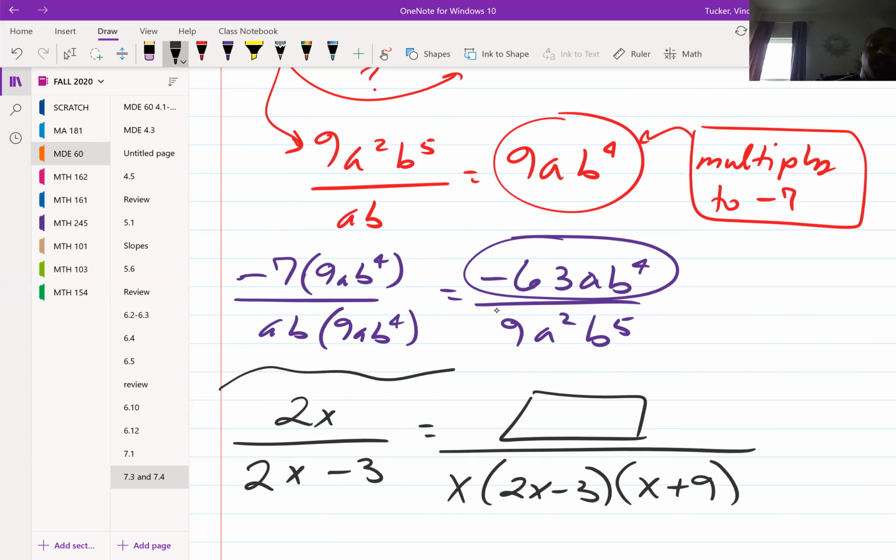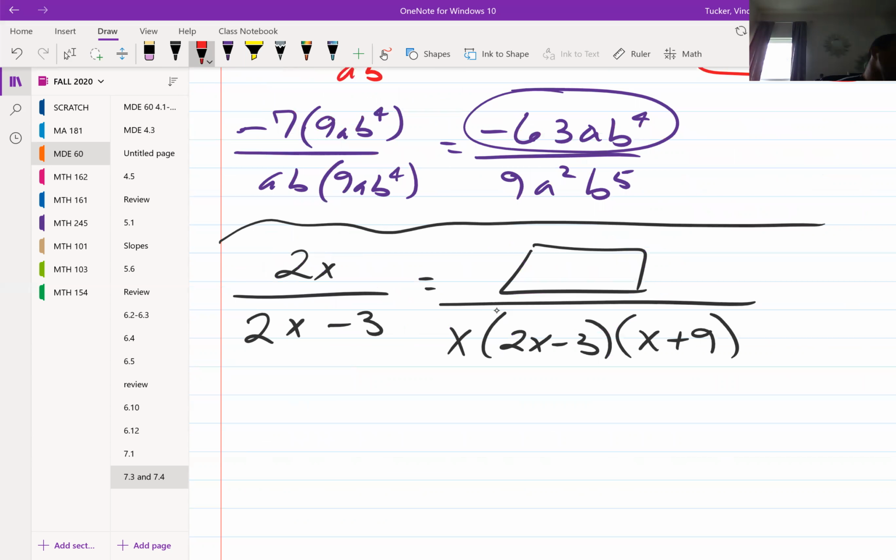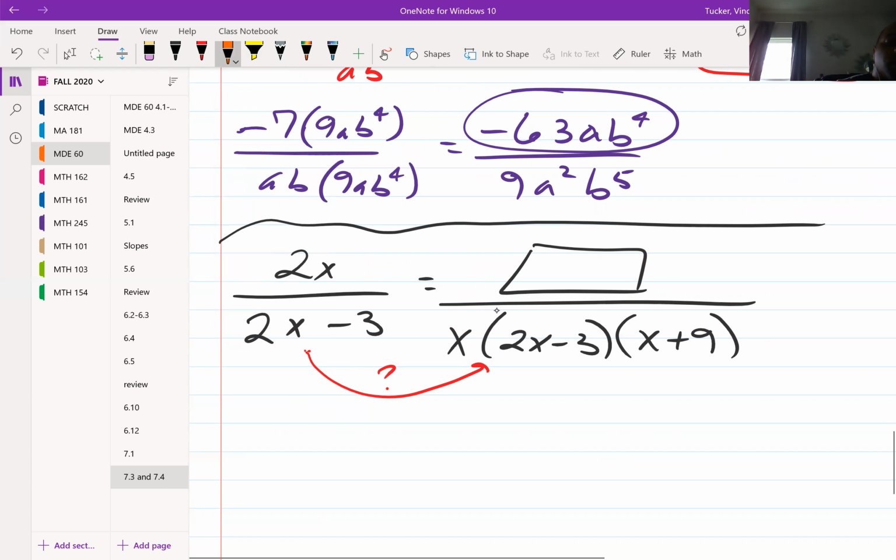All right, next one, same type of deal. You look at what you have and look at what you don't have. We're trying to get this denominator to look like this denominator. You notice that we have 2x minus 3. What we do not have is this x and this x plus 9.